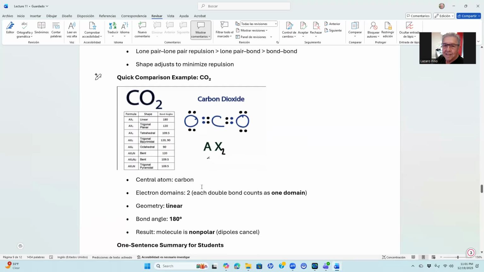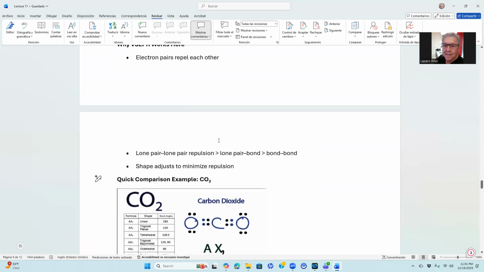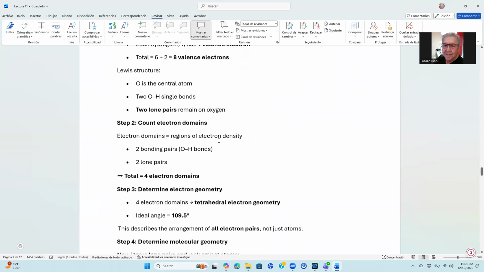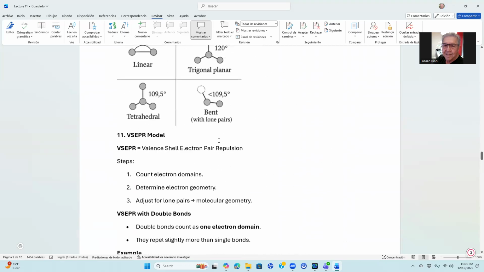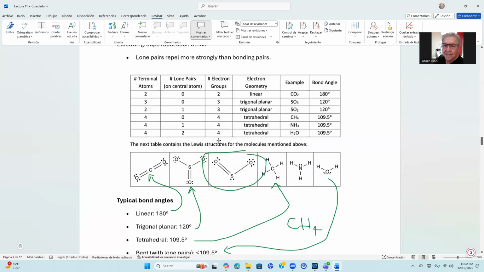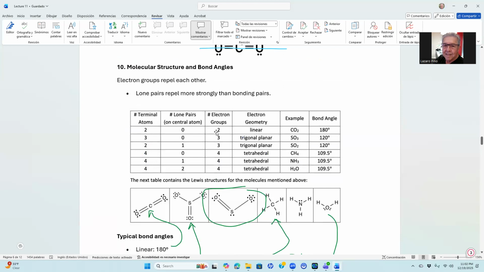And then you go to the table and you say, well, if I have 2 groups of electrons and the central atom has no lone pairs, then if you go to the table, you can see that 2 pairs of electrons and no lone pair, the geometry is linear.